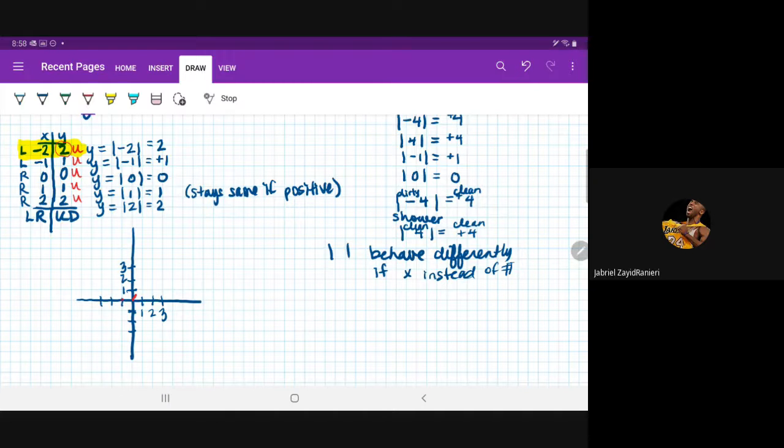So 1, 2. And then from there, it says go up 2. So up 1, up 2. And then you put your dot. You don't have to actually draw those other dots. I'm just doing that so that you can see my path.